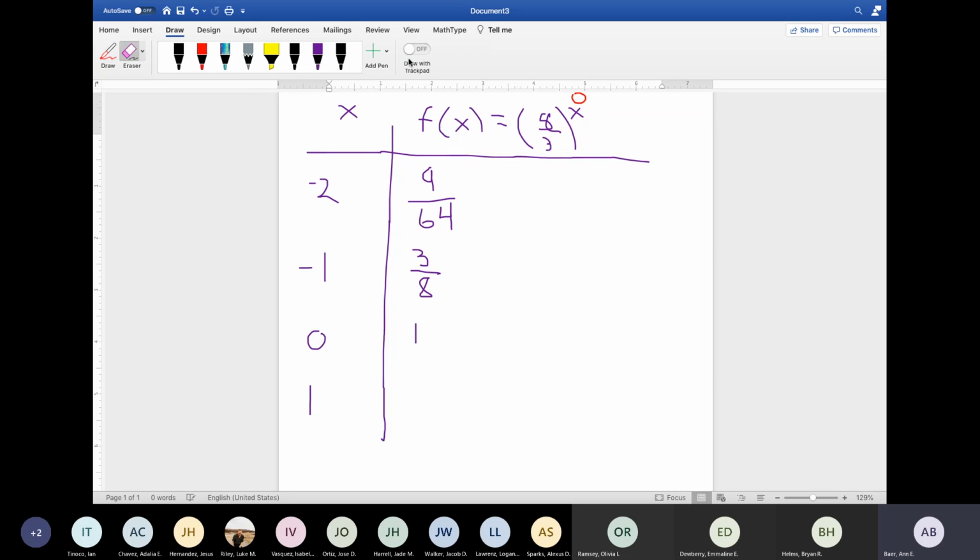We want to get this eraser, eliminate that. Let's get the red. We were using red for that. Let's put in a 1 here. If we put a 1 here, it's just 8/3 to the first power, which is just 8/3. So we get 8/3 here.